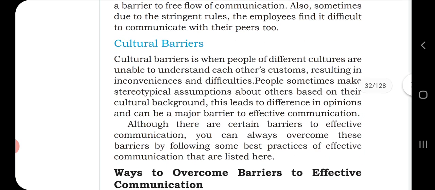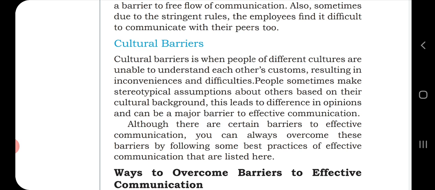Next are cultural barriers. Cultural barriers is when people of different cultures are unable to understand each other's customs, resulting in inconveniences and difficulties. I am going to quote a good example for this barrier.